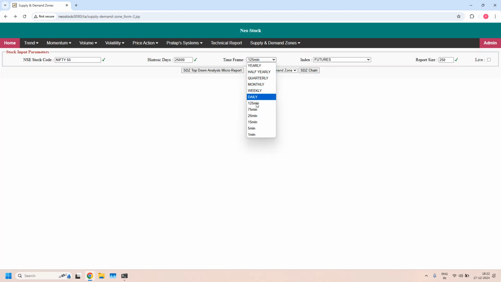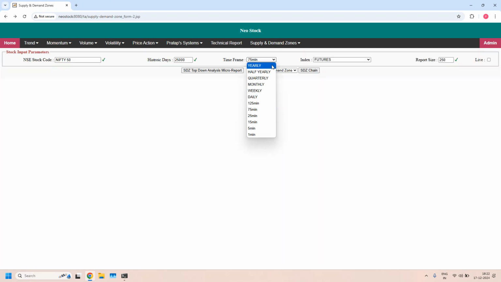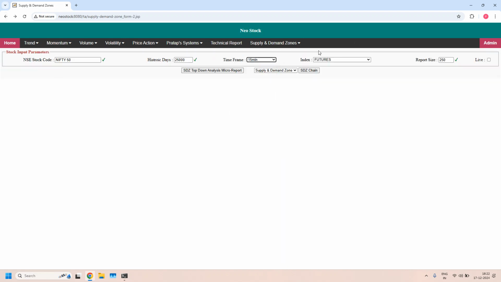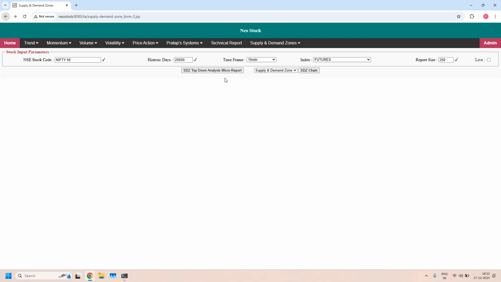Next, 75 minute supply demand zone chain for NIFTY. Next, 25 minute supply demand zone chain for NIFTY. Next, 15 minute supply demand zone chain for NIFTY. Next, 5 minute supply demand zone chain for NIFTY.